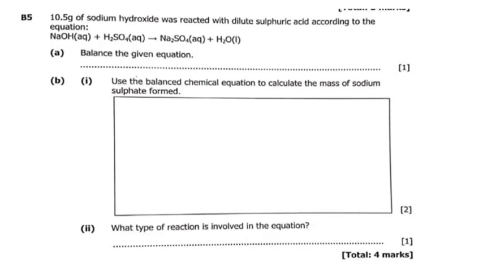So what they want us here to do is to balance the equation. How do you balance the equation? You just need to make sure that the atoms of elements appearing on the left hand side are equal to those appearing on the right hand side. So in this case, this side we have sodium, oxygen, hydrogen. This other side we have the same elements.